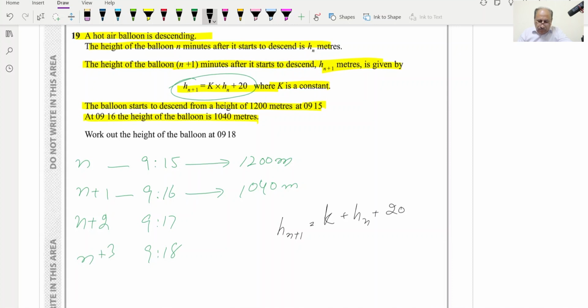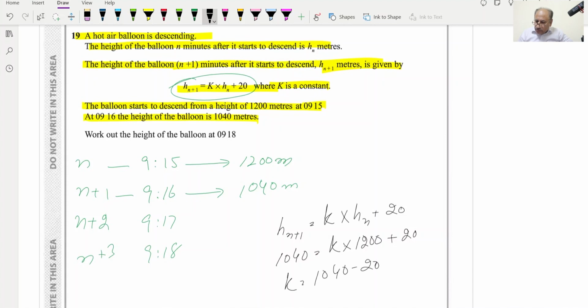So h(n) value is 1200, h(n+1) is 1040. So we can write 1040 is equal to k multiplied by 1200 plus 20.